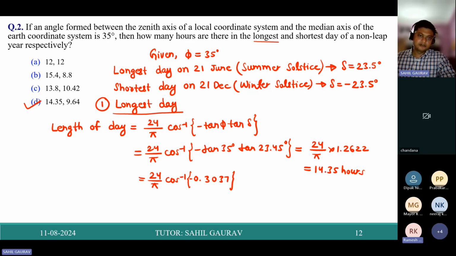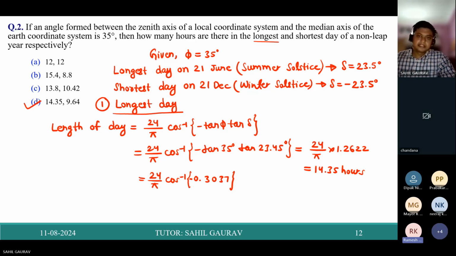Till here you are correct. No, I'm getting 38.56. How will you get that?